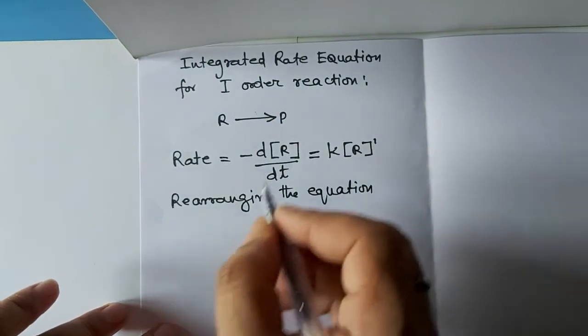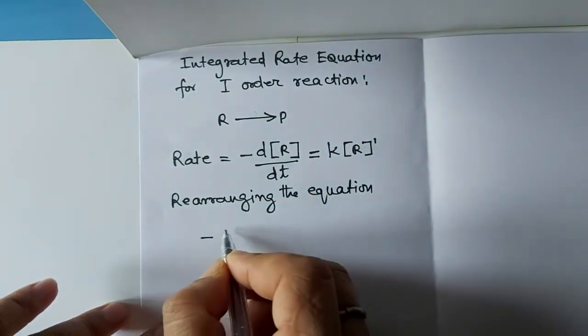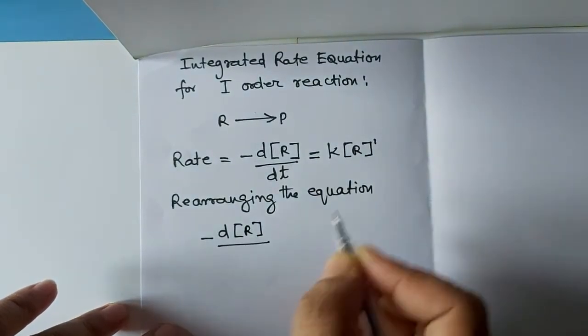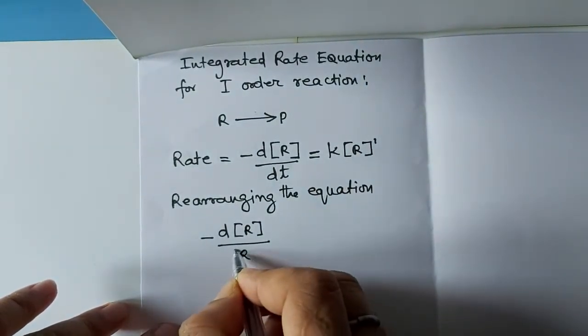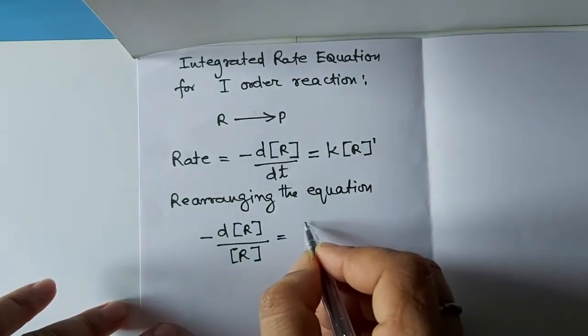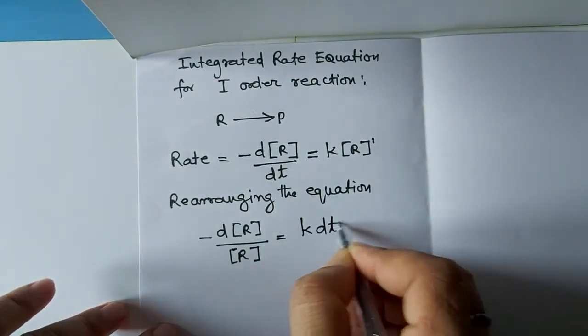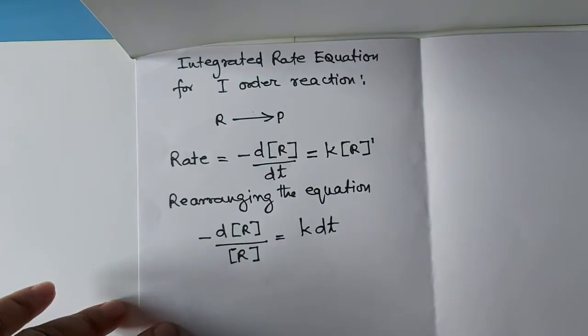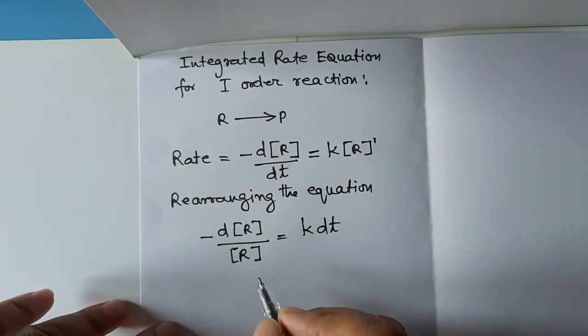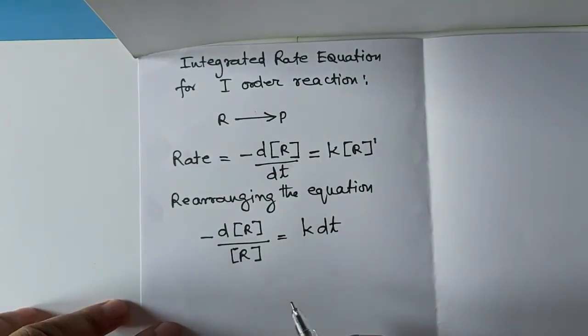Now it becomes, let's take it here, and multiplying both sides by -1, we can have one or we can just keep these values and integrate it.